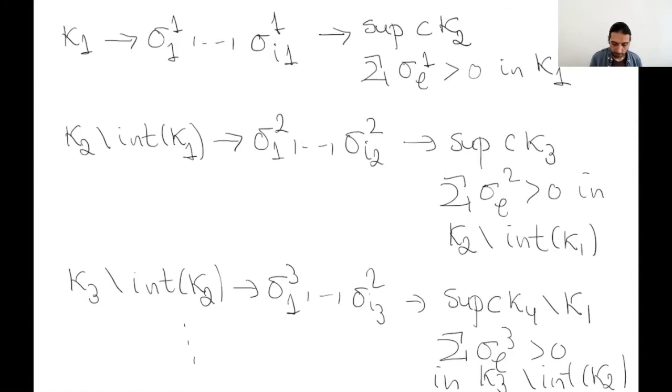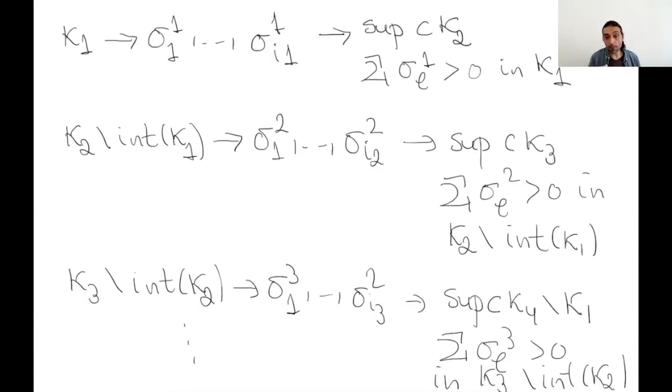For instance, if x belongs to K1, there is one of the functions in the first set that is positive at x. If x belongs to K2 minus the interior of K1, one of these functions is going to be positive at x, and so on. So we have a countable family of functions such that for every point, at least one of these functions is positive at this point.